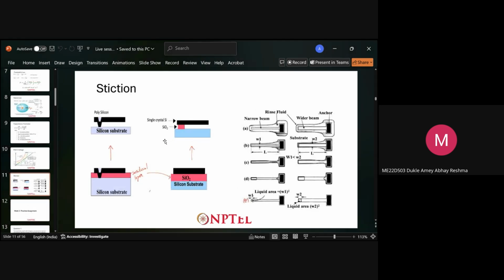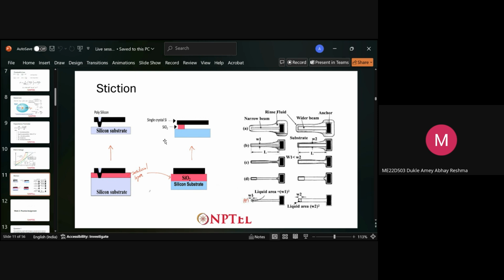Stiction is basically another concept. When you have a silicon wafer, stiction is a phenomenon that happens at a very small scale. You won't be experiencing it at a very high scale. It happens at the micro scale.